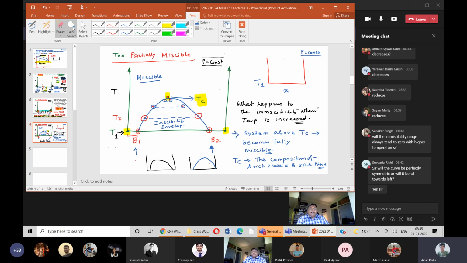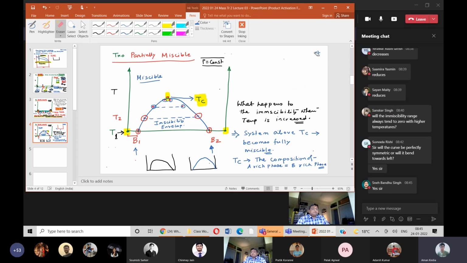Can anybody tell me what this type of a system is called? Sneh, can you tell me what this type of a system is called? Samira? Anybody? The hint is all given there.